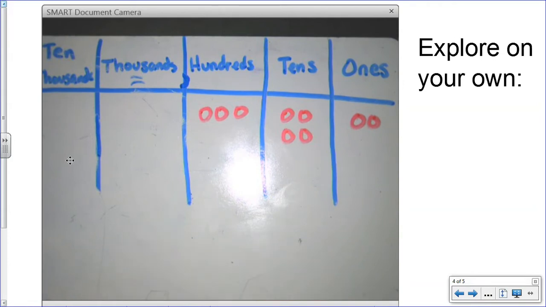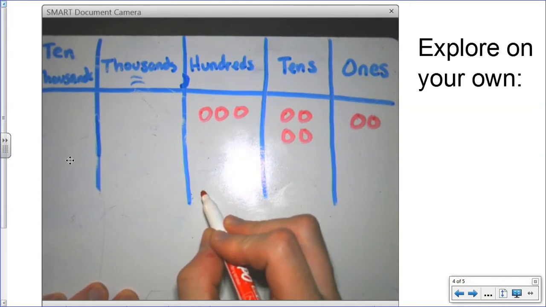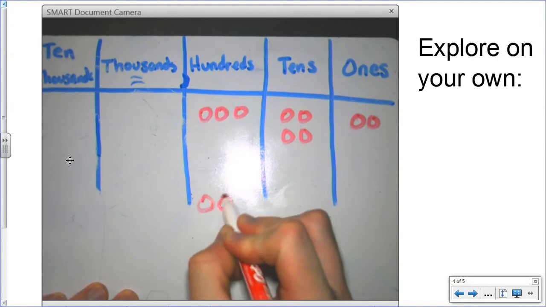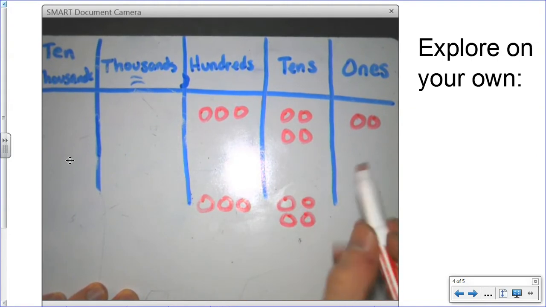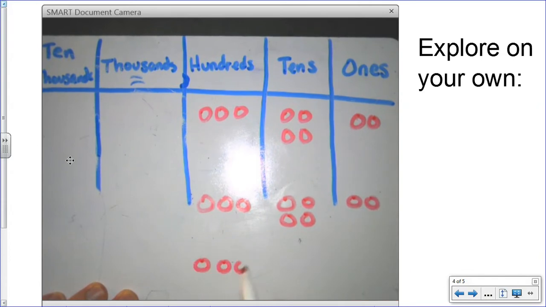So I'm going to show 342 3 separate times on my board. So here's 3 hundreds, 4 tens, 2 ones. Here's 3 hundreds, 4 tens, 2 ones.